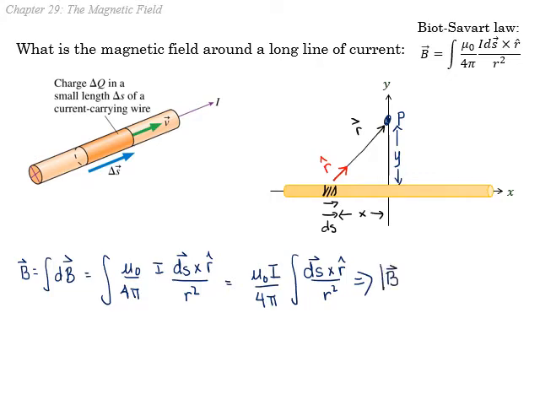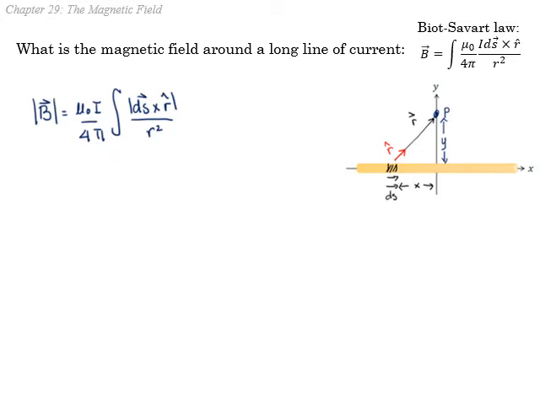We know that the magnitude of the magnetic field is equal to mu naught times I over 4 pi times the integral of the magnitude of ds cross r hat divided by r squared. Okay, the next thing we have to tackle is what is ds cross r hat.